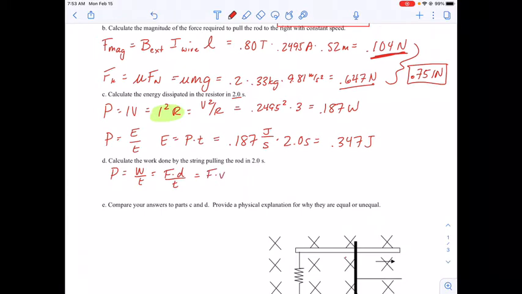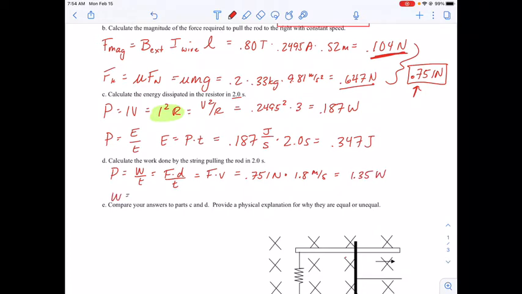Distance over time is velocity, so this is force times velocity. The force I determined above was 0.751 newtons. And the velocity that we're pulling the rod is 1.8 meters per second. So when we multiply that together, we get 1.35 watts.